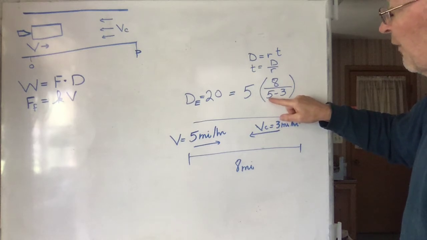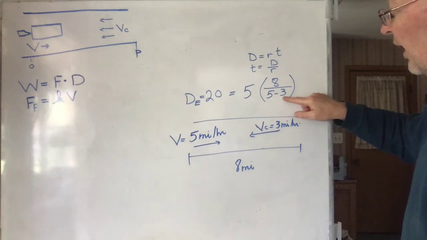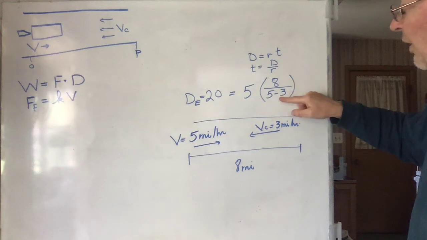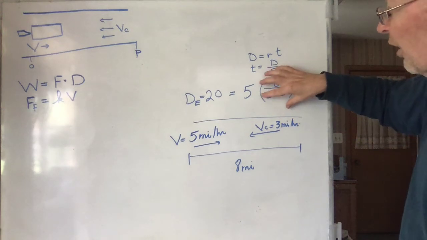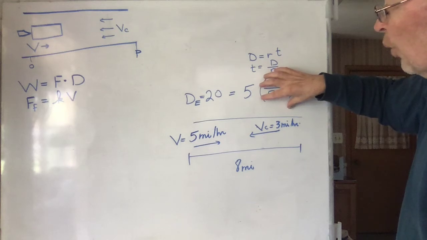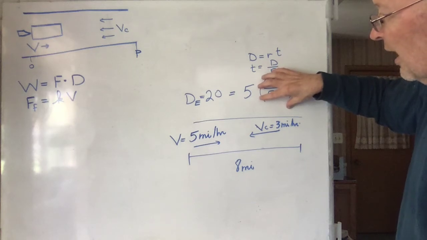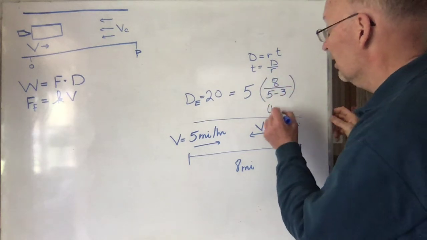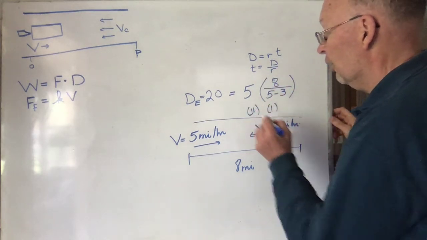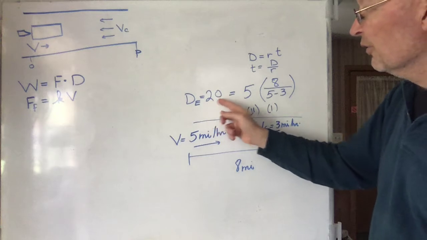If you're moving at 11 miles an hour, 11 minus 3 is 8. 8 over 8 is 1. Then you're in the water effectively just 1 hour. And so 1 times 11 would be effectively 11 miles that you had swum.